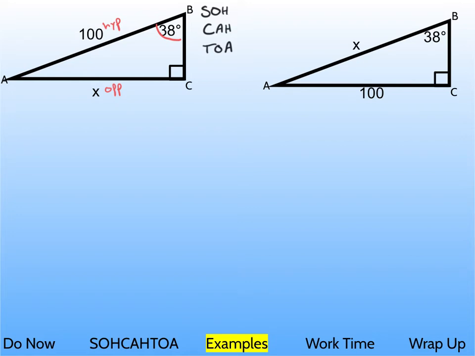So, let's set it up. I'll just start really basic with the formula. Sine of the angle equals the opposite over the hypotenuse. So in this case, sine, our angle is 38 degrees, equals the opposite, x, over the hypotenuse, 100.